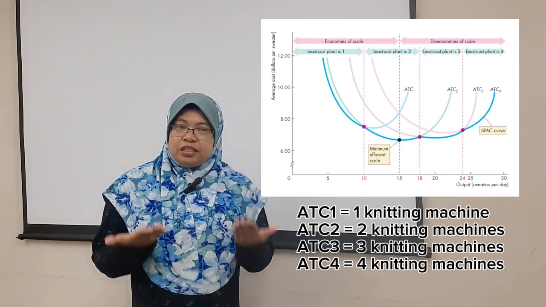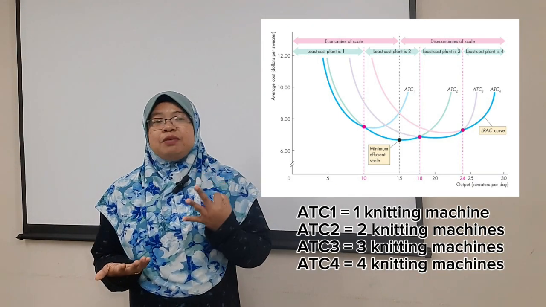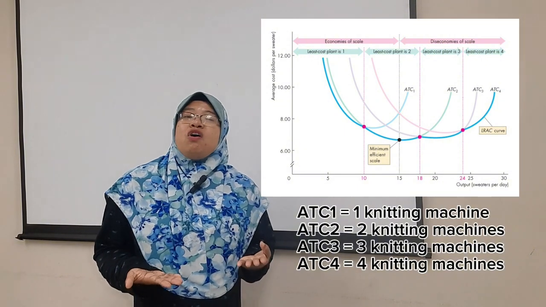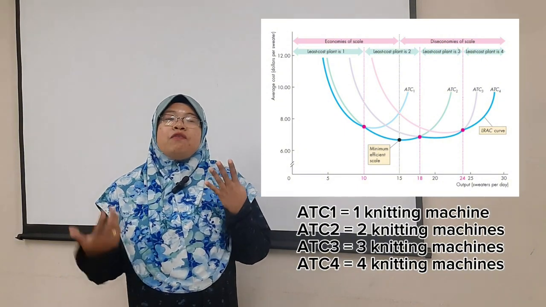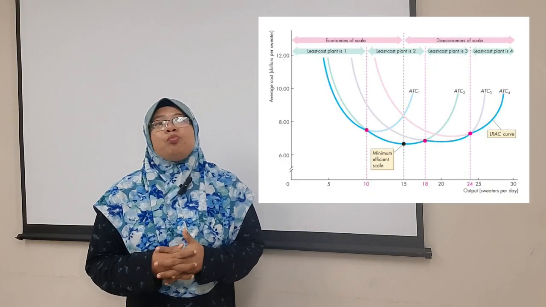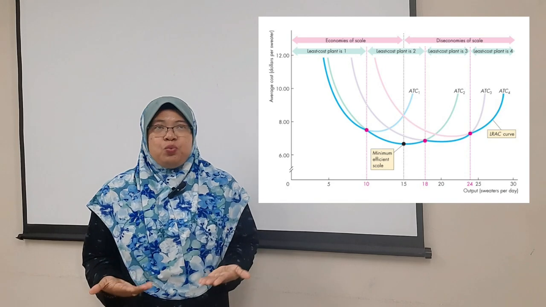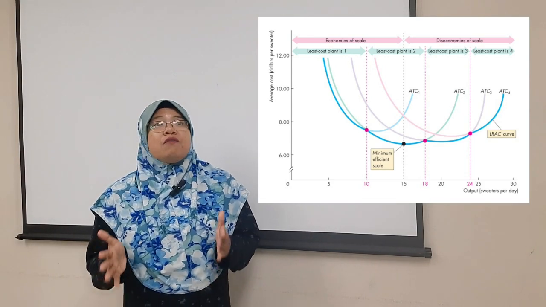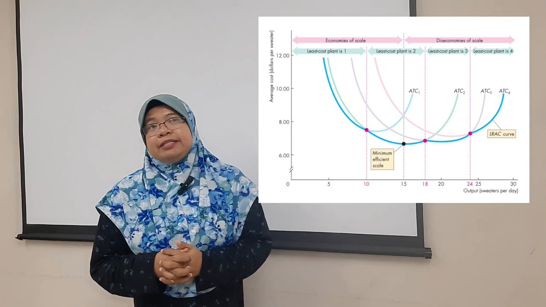ATC 3 is the ATC curve for the plant with 3 knitting machines, and ATC 4 is the ATC curve for a plant with 4 knitting machines, meaning the bigger the ATC, the more knitting machines there will be. So the long run average cost curve is made up from the lowest ATC for each output level. We need to decide which plant has the lowest cost for producing each output level.